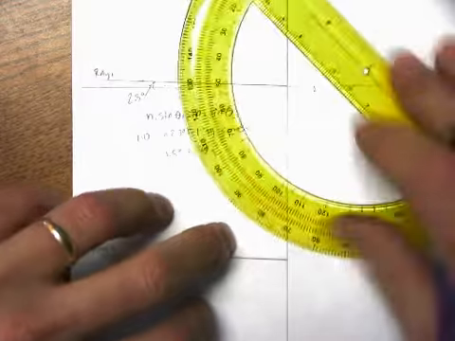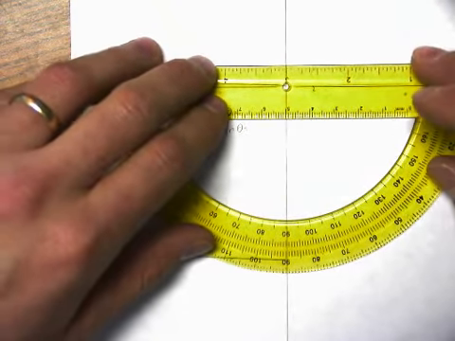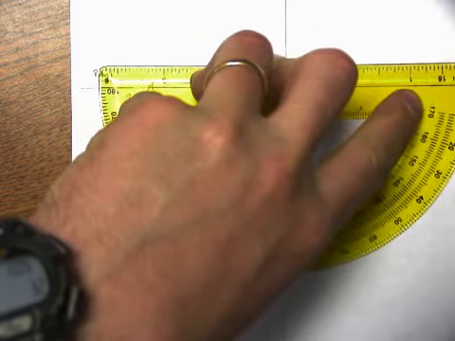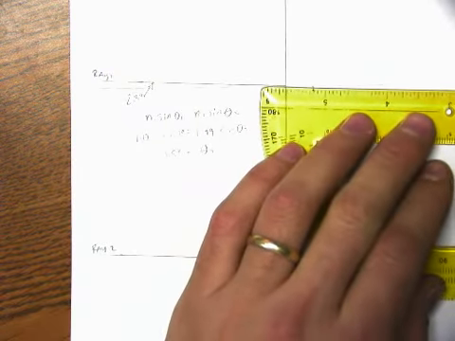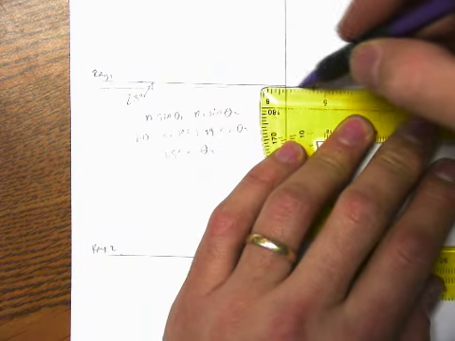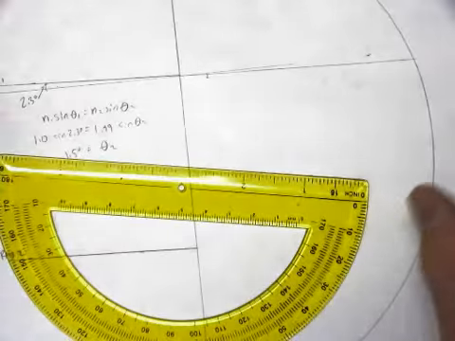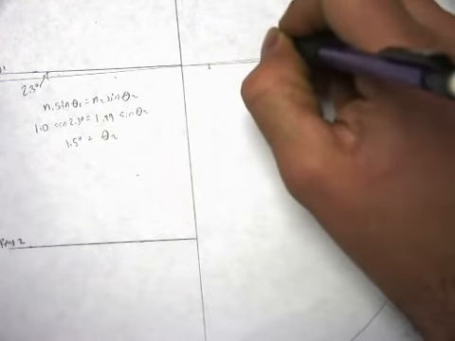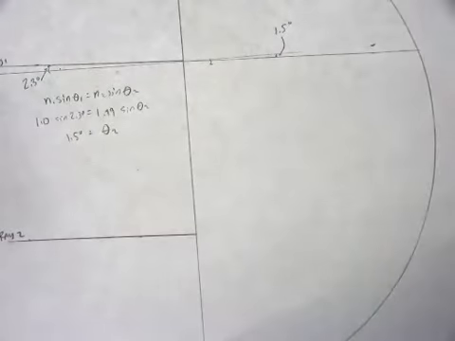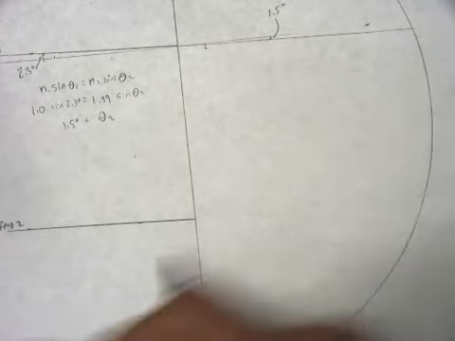So then I've got to come over here and go 1.5 degrees. Like that. Okay, so boy. Can I assume these are parallel?